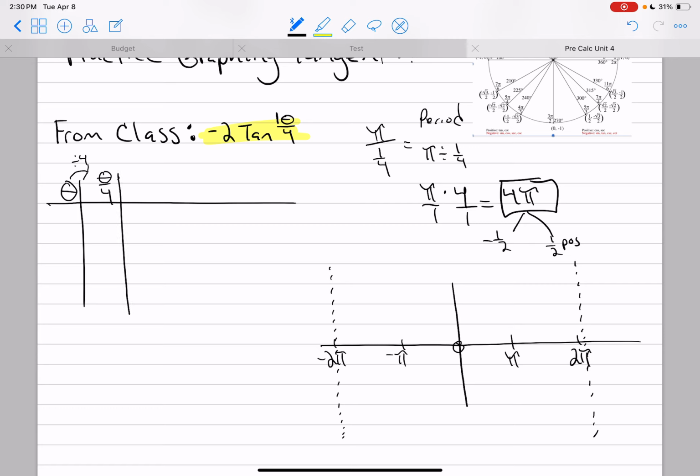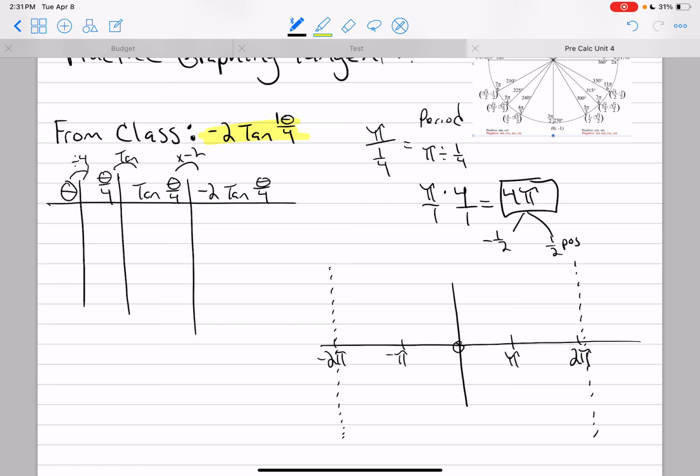I'm going to take the tangent of that, and that gives me tangent of theta over 4. Then I'm going to multiply by negative 2. Negative 2 times the tangent of theta over 4.